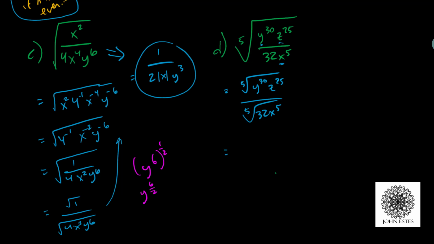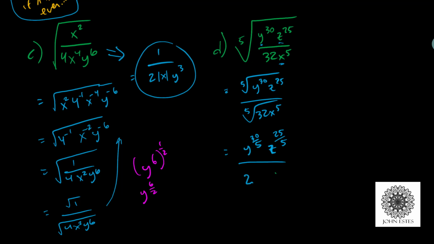So if I use the fact that the 5th root is the 1/5 power, I have y to the 30/5 power times z to the 25 over 5 power. In the denominator I have the 5th root of 32, so what times itself 5 times in a row gives me 32? That's 2.